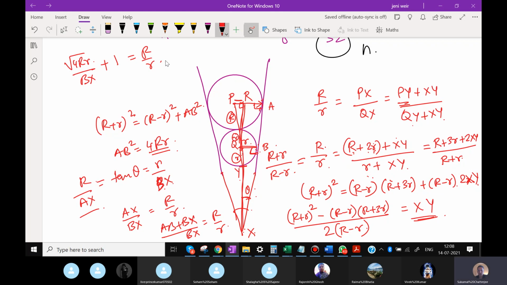Clear? Yes, sir. So from here, you can find BX in terms of small r and capital R, right?